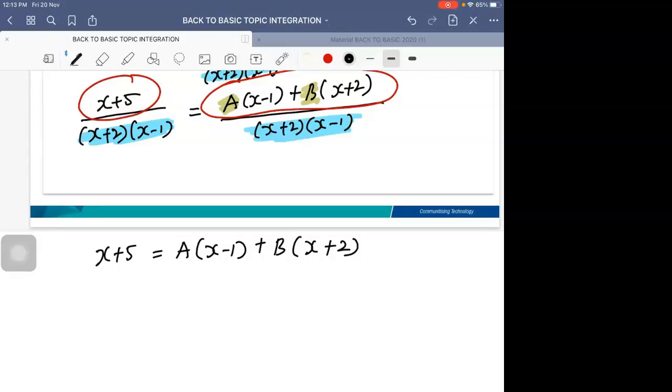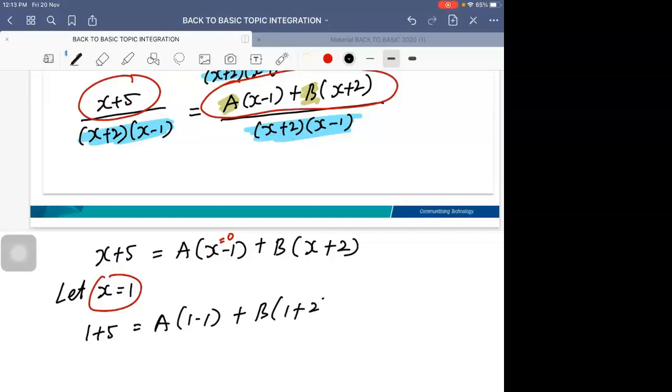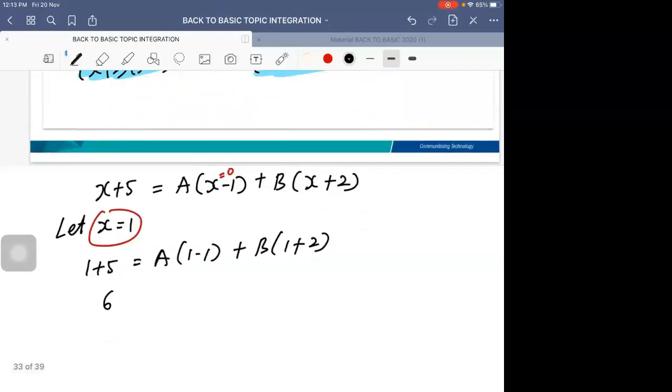In this case, we let x equal to 1, so I can make this term become 0. So I have 1 plus 5 equal to a times 1 minus 1, so 0, plus b times 1 plus 2. I should have 6, and then a times 0 is 0, b times 3, so 3b here. So I should get b equal to 2.